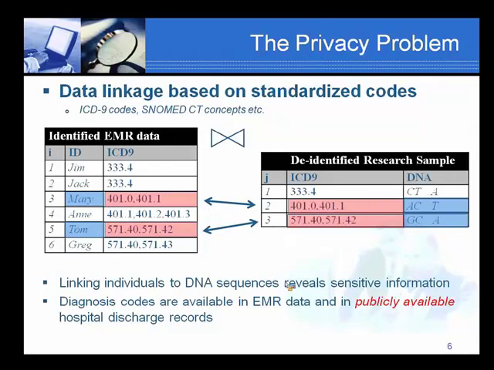However, by just linking the data based on diagnosis codes, an attacker can associate the identity of patients with their genomic information. This is done by just linking these two tables, the leftmost of which contains identified EMR data. So it is easy to see that this data linkage reveals sensitive information, and we hypothesize that this type of linkage is feasible because diagnosis codes are available in EMR data as well as in publicly available hospital discharge records.